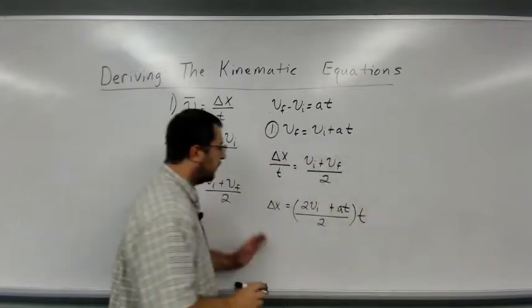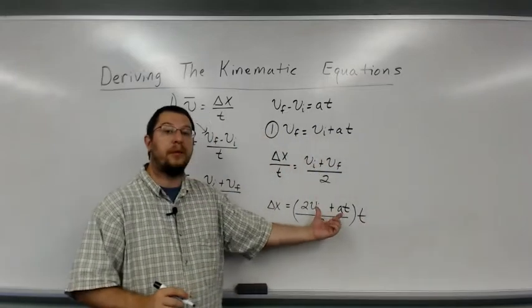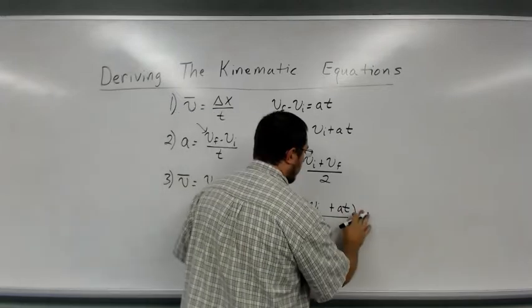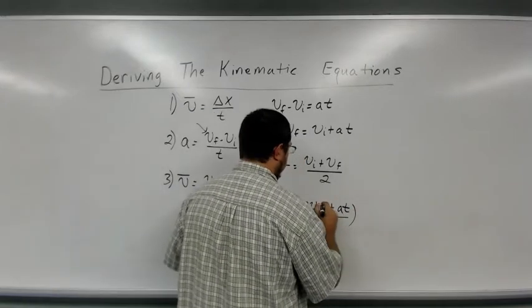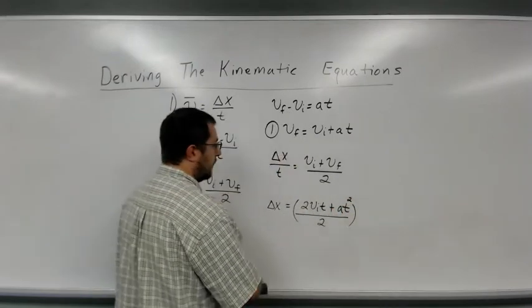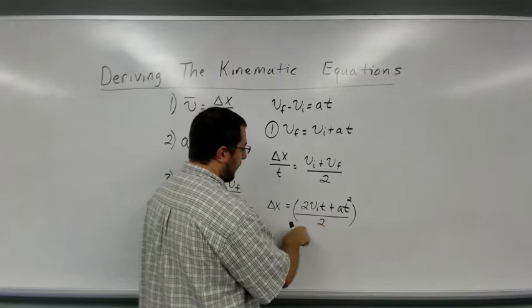Remember, if I multiply through by t, I have to multiply each term in here by t. And that's going to put a t here and a t squared here. Now I can get rid of my fraction.